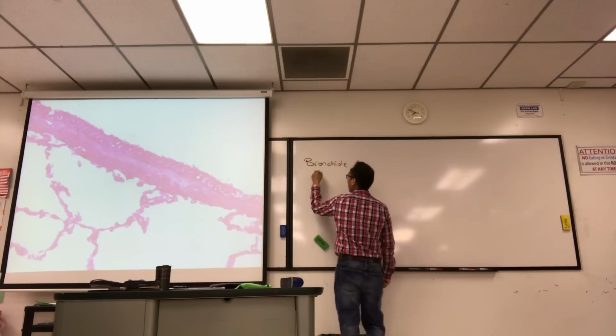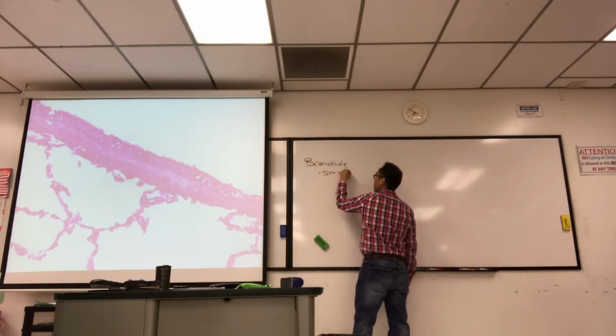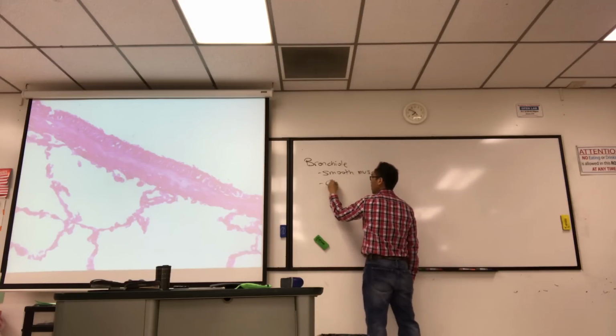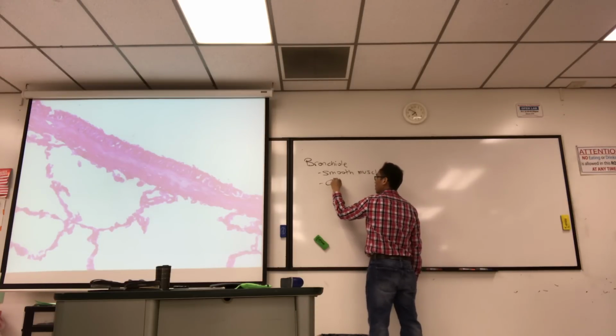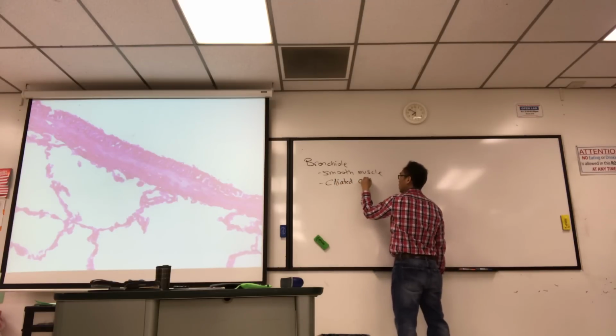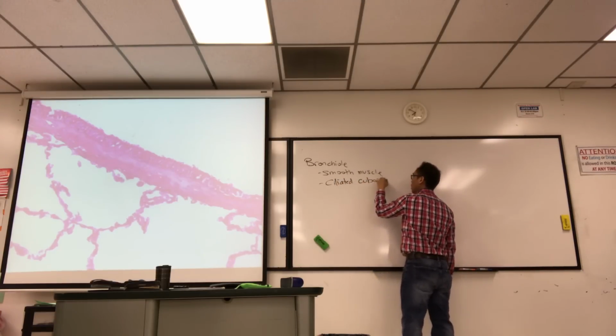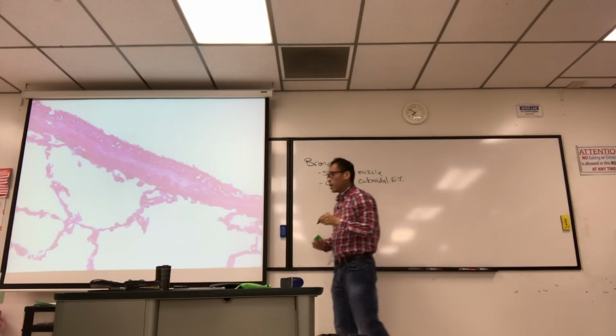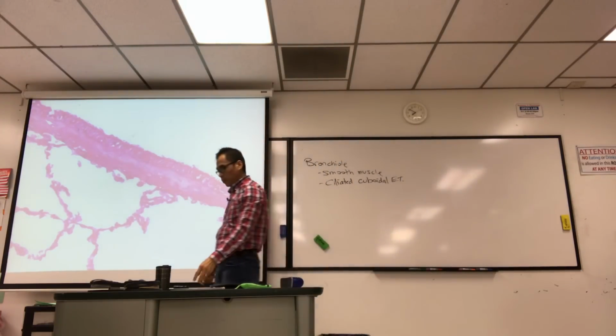Be able to identify the smooth muscle. The epithelium is a ciliated cuboidal ET.